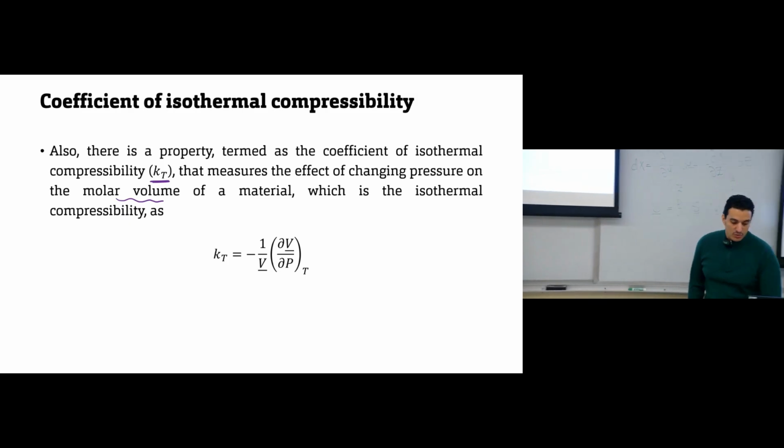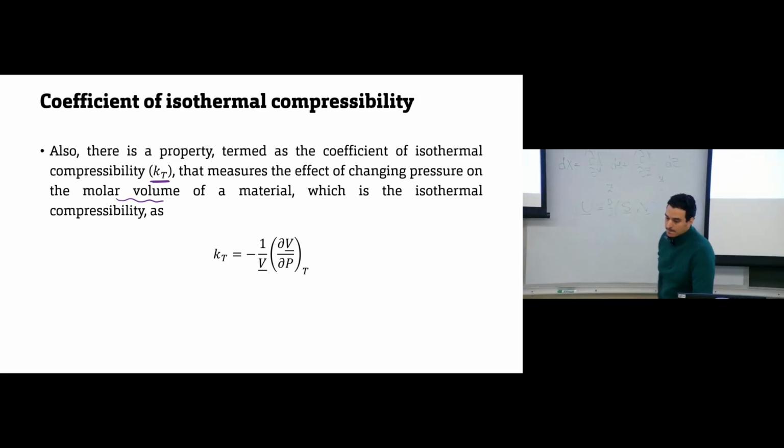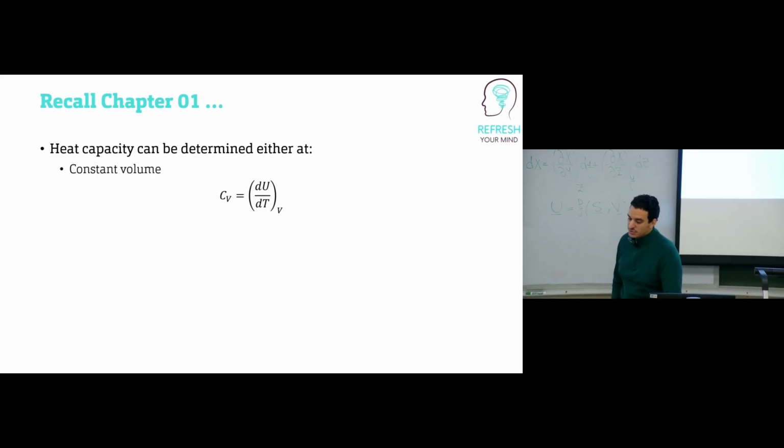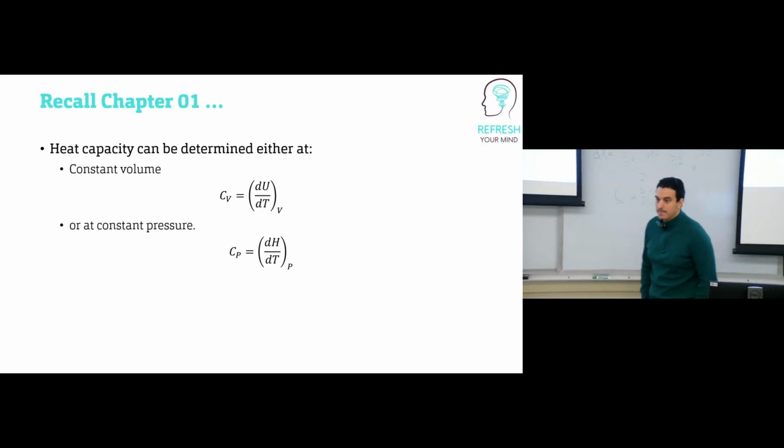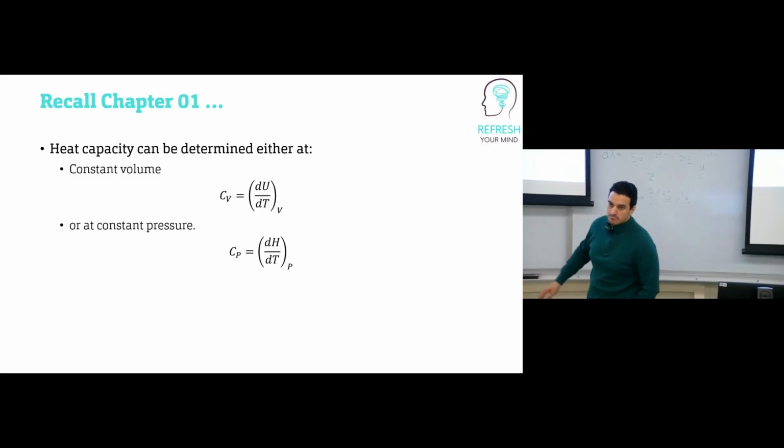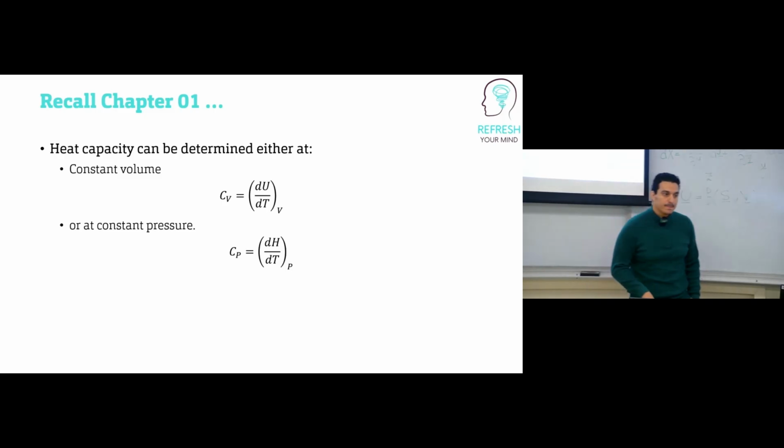And the last thing we have from chapter 1 is heat capacity. If you remember, we have two heat capacity values: heat capacity at constant volume and heat capacity at constant pressure, and these are the relations for both of them. Clear?